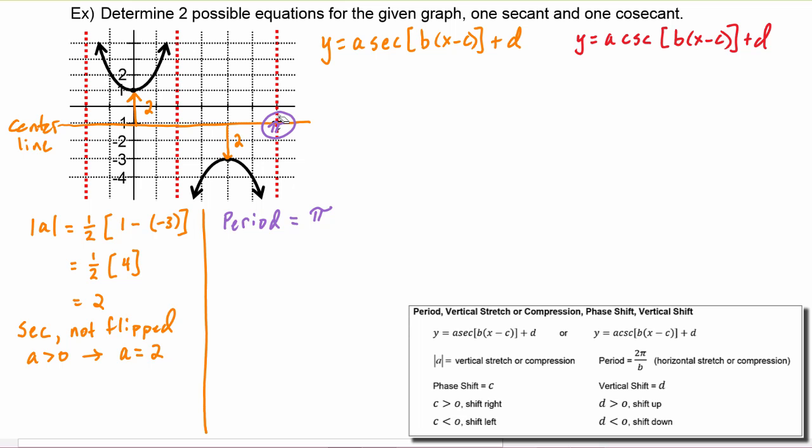If this is pi right here, then that means 1, 2, 3, 4, 5, 6. That means each of these dotted lines is going over by pi over 6. So this would be -1 pi over 6. So that means this is -2 pi over 6, or we can write it as -pi over 3.